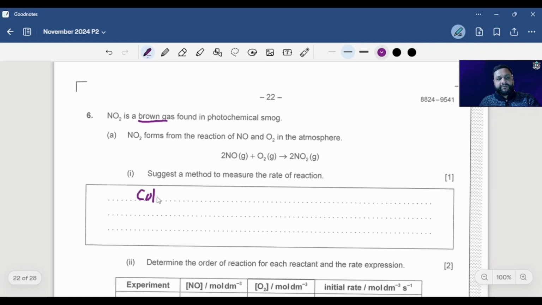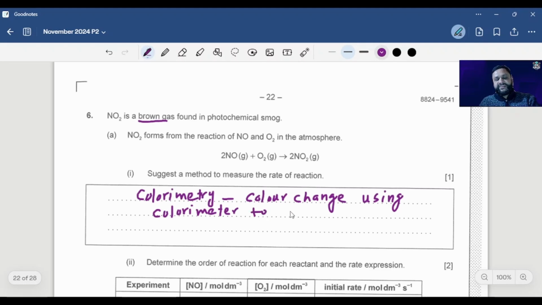So colorimetry, we can measure the color change using a colorimeter, to measure the intensity of color change.